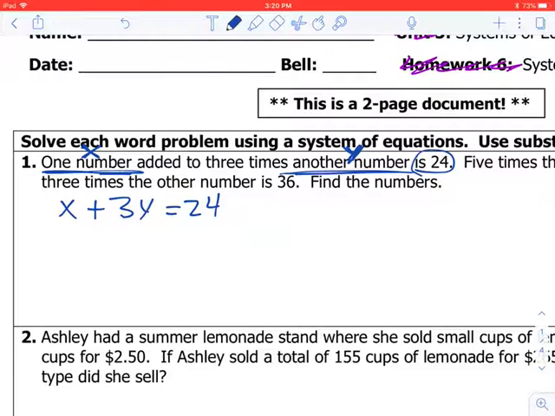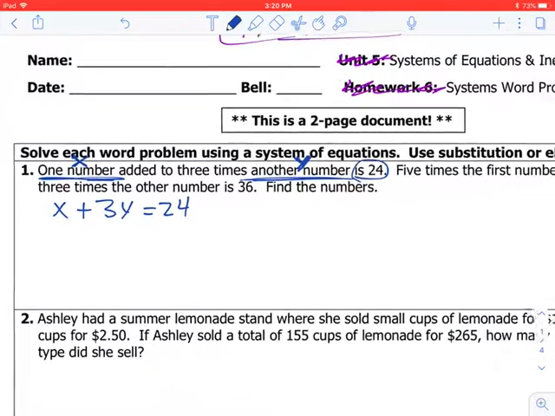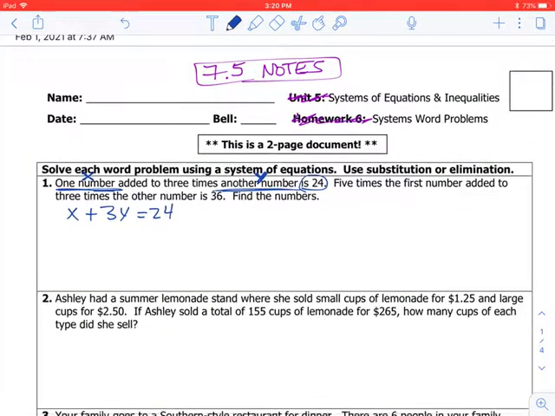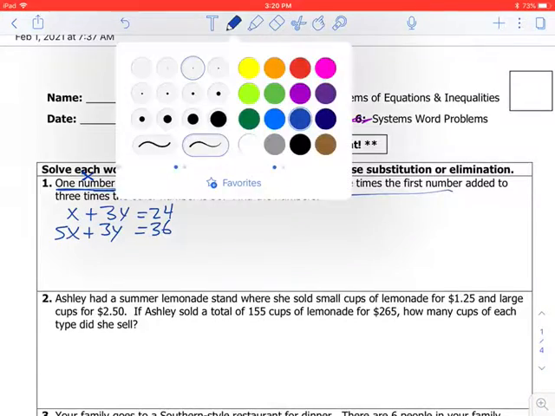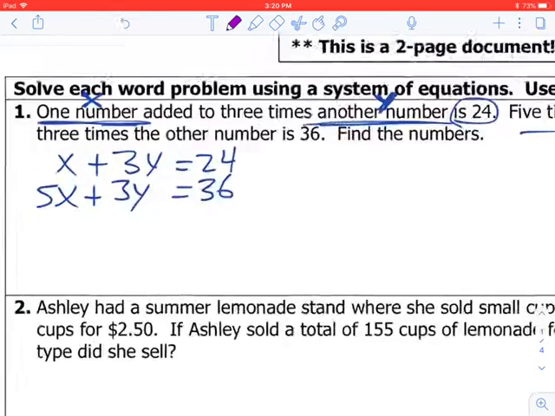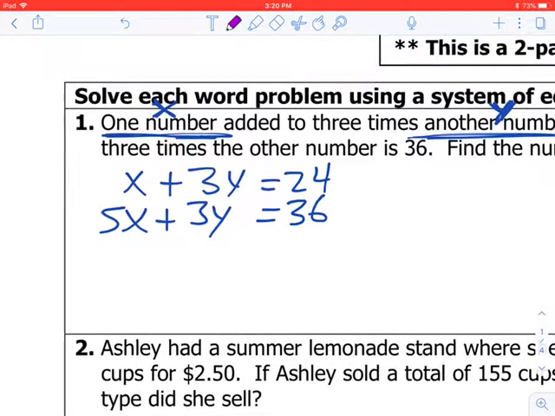And so the other one says 5 times the first number, so 5 times x added to 3 times the other number, which is 3y again, equals 36. Okay, so we're going to get our equation set up, and then we can solve using any of the methods we've been using and talking about.